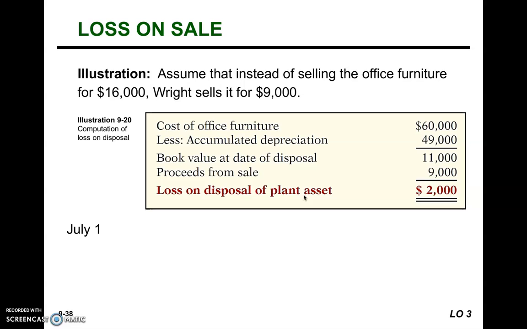So let's go over an example that we have a loss of selling the plant asset, in this case being office furniture. They sell it for $16,000, actually for $9,000, I'm sorry, for $9,000. So the cash that we're getting is $9,000 proceeds. Now, what is the book value?